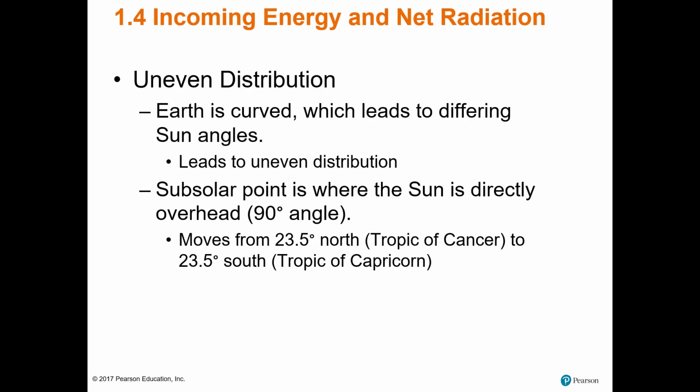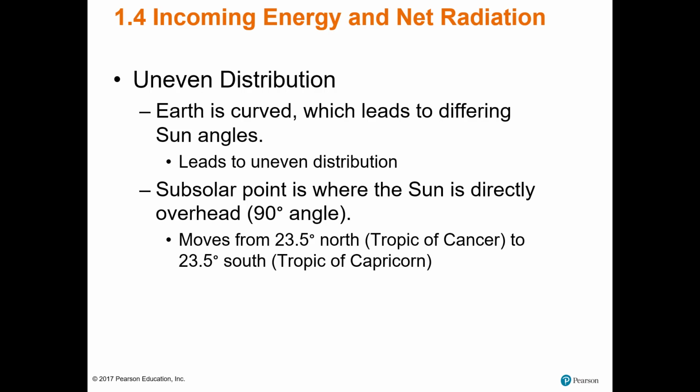There's an uneven distribution of net radiation because the Earth is curved, which leads to different sun angles. And this, in turn, leads to uneven distribution. A subsolar point is defined as that location where the Sun is directly overhead or forms a 90-degree or right angle.